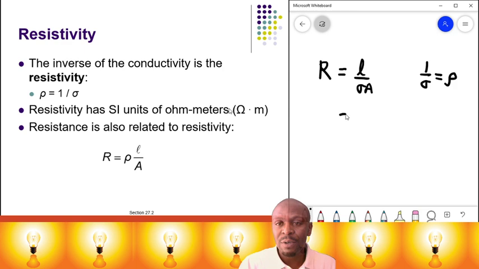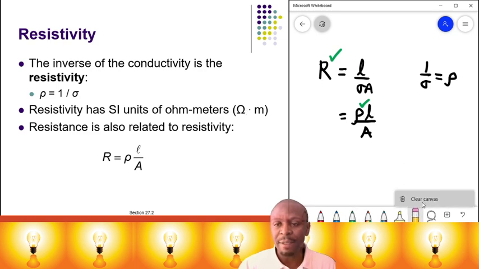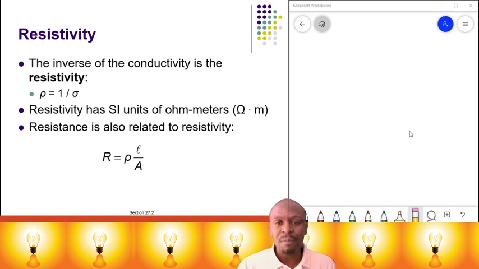Therefore, the resistance can be written as rho times L divided by the area. This is the relationship between the resistance and the resistivity, right? And you can also see that the resistance is directly proportional to the resistivity of the material. That's the summary. Good.